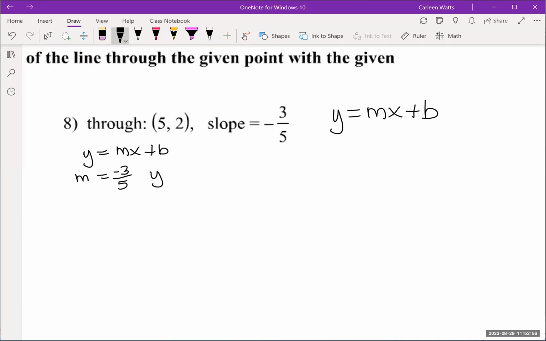Do I know a y value? 2? Do I know an x value? Do I know b? No. So if I know 3 of the variables and I'm missing the 4th, plug it in.